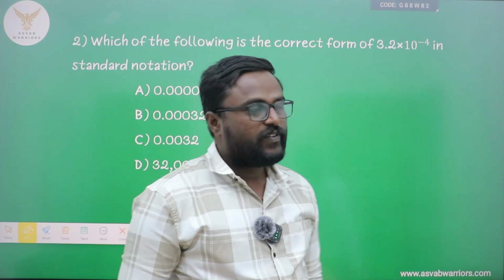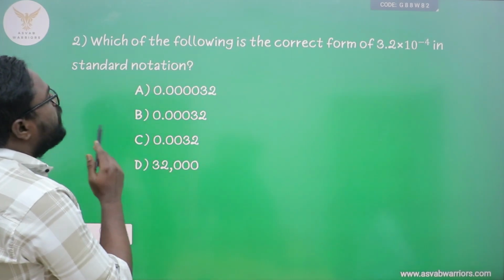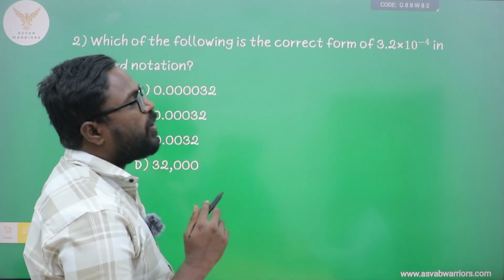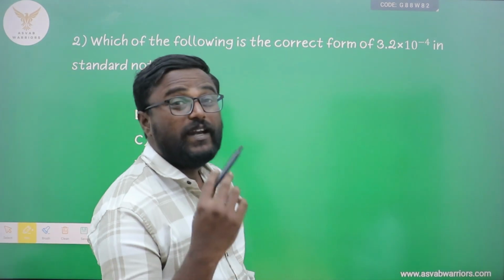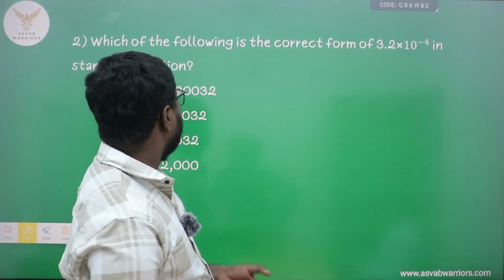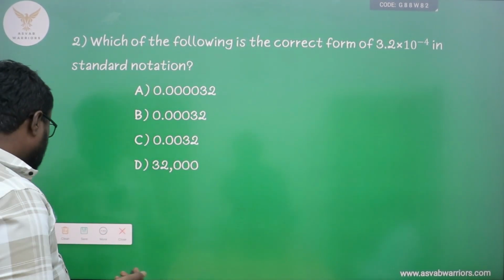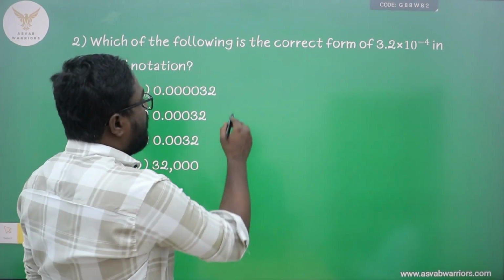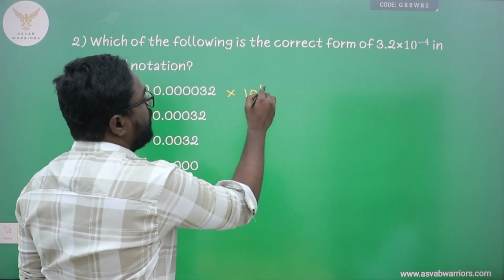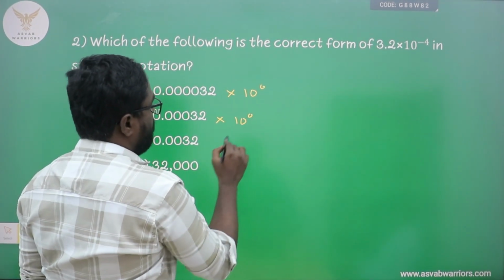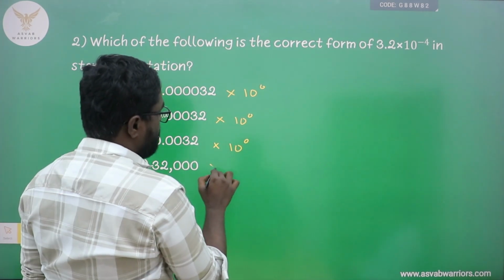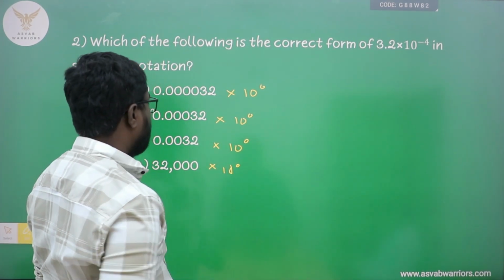Moving on to the next question. The question says, which of the following is the correct form of 3.2 times 10 to the power negative 4 in standard notation? So what did I tell you guys? I will initially multiply this with 10 to the power 0, which is nothing but 1.